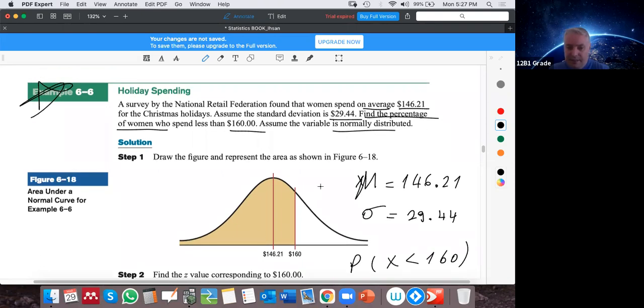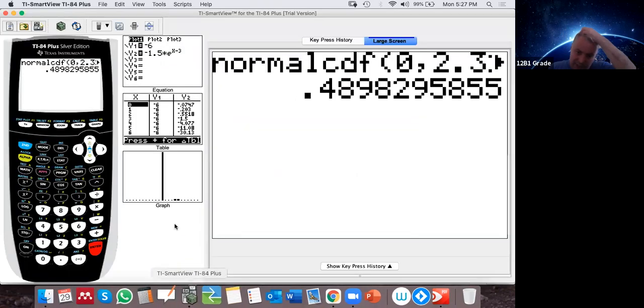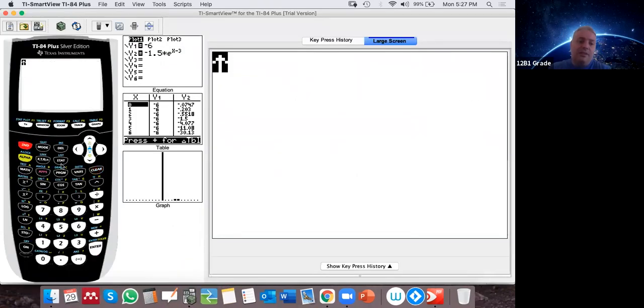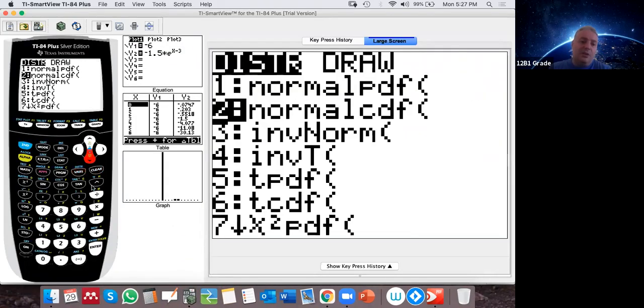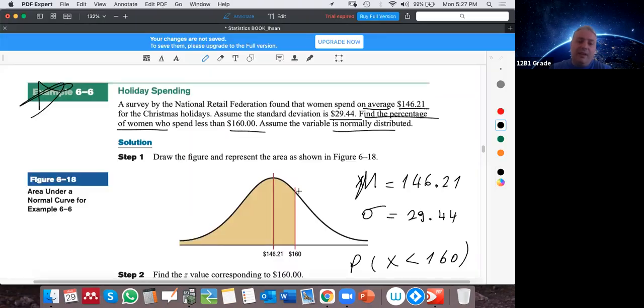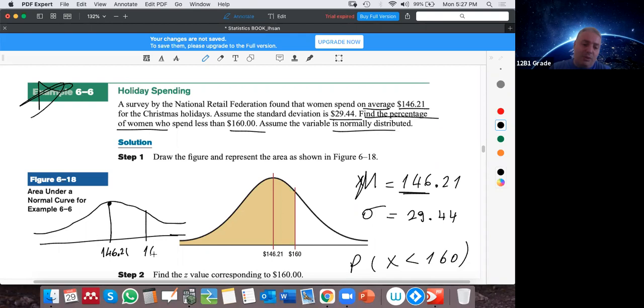Let me explain quickly. If you have a scientific calculator, use normal CDF, and then for the lower bound, be careful now. When you draw, not z-score, just the variable. Let me say the mean is 146.21, so that is the peak point. And then the value is 160, approximately here.